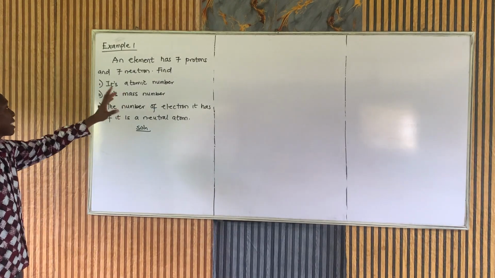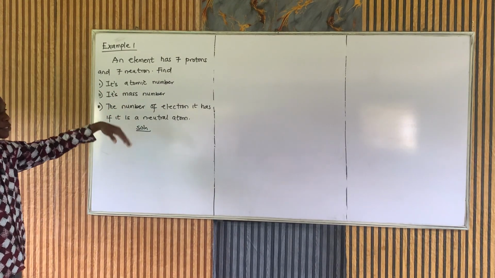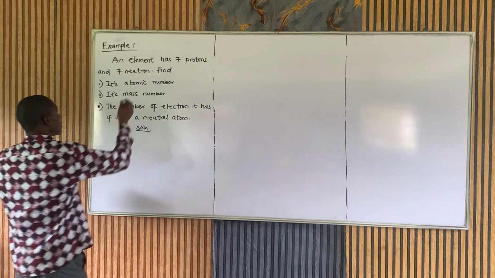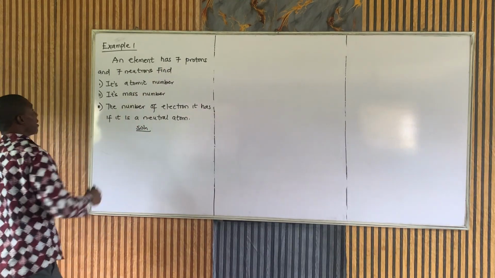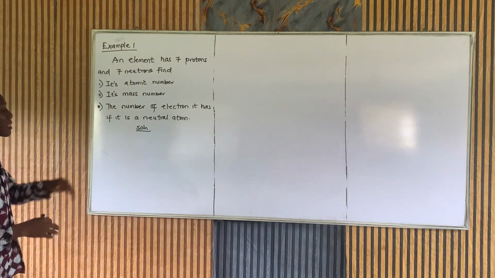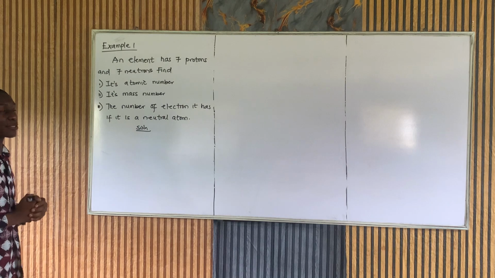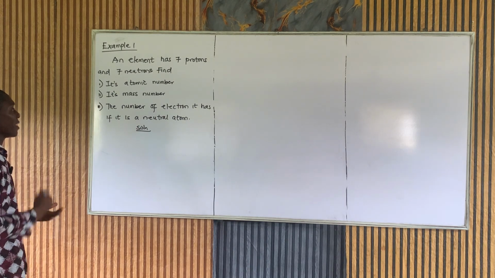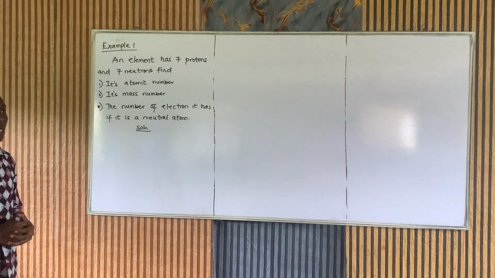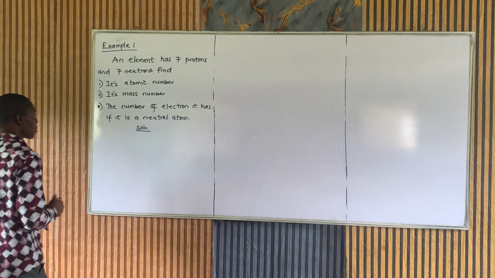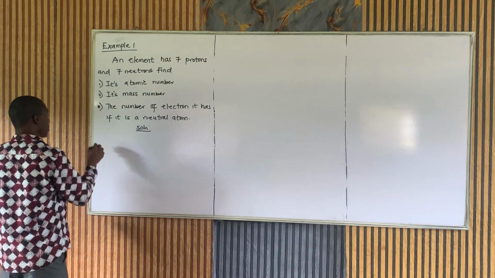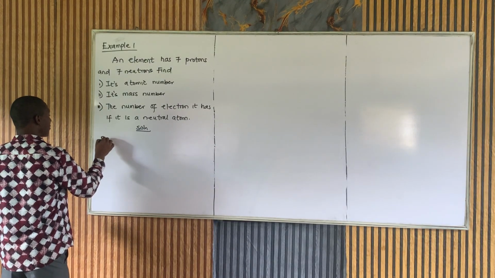An element has 7 protons and 7 neutrons. Find 1, its atomic number, 2, its mass number, and 3, the number of electrons it has if it's a neutral atom. To solve this, first and foremost, we are told that the proton is 7. That's the given.